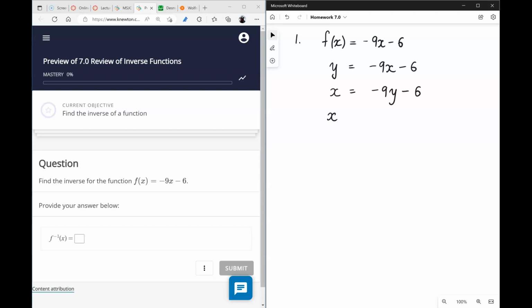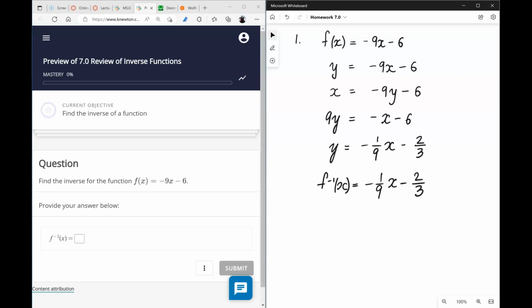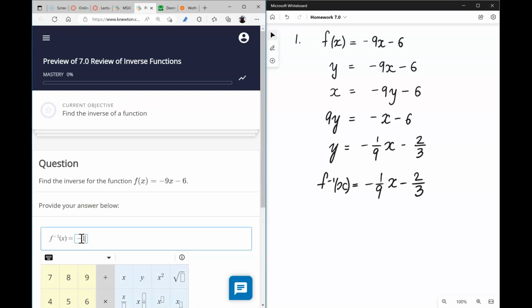So here I'm going to add 9y to both sides and subtract x from both sides, and then I'm going to isolate y by dividing everything by 9 and simplifying, and this is what we call the inverse function of the original function. So let's enter the answer.